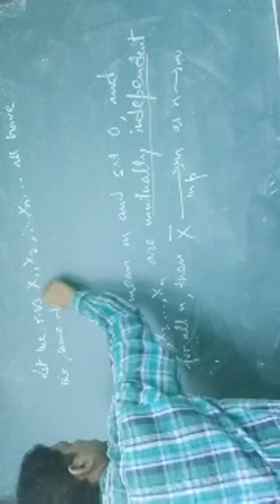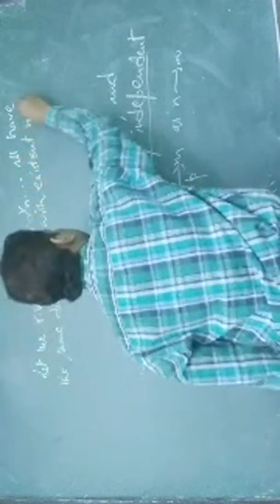So let the random variables x1, x2, xn all have the same distribution with existing mean m and standard deviation sigma.